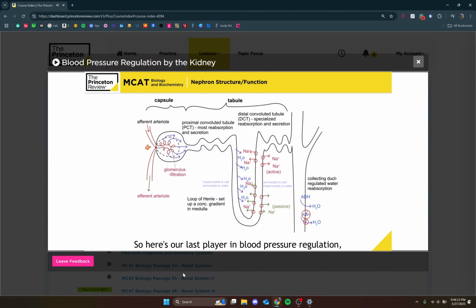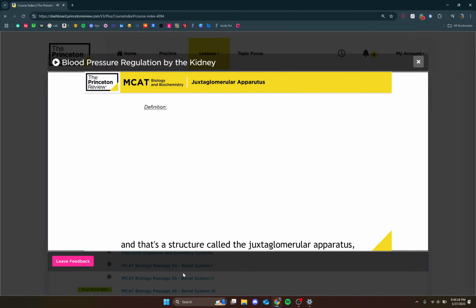So here's our last player in blood pressure regulation, and that's a structure called the juxtaglomerular apparatus, or the JGA. The juxtaglomerular apparatus is just a contact point between the artery and the distal convoluted tubule. Now, the way we have our nephrons drawn, it doesn't really look like they would ever contact one another, but they are actually far more twisted.